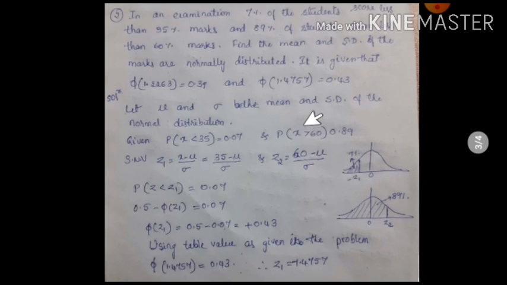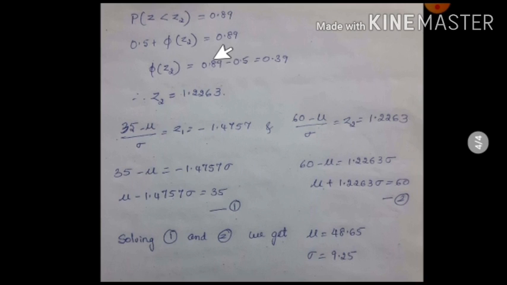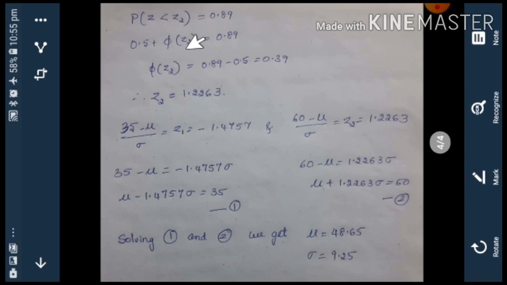Here I have made a mistake. It is less than 60, not greater than. That itself I was observing. Have I taken the less than condition at least while doing the calculation? I have taken the less than condition here. Just do the correction.